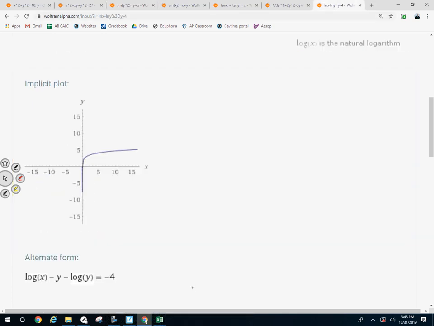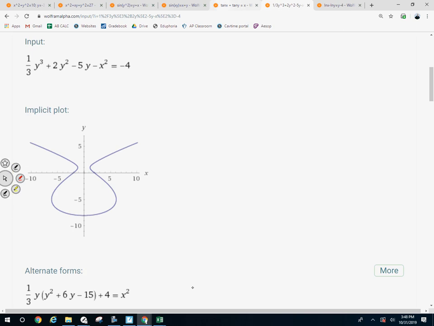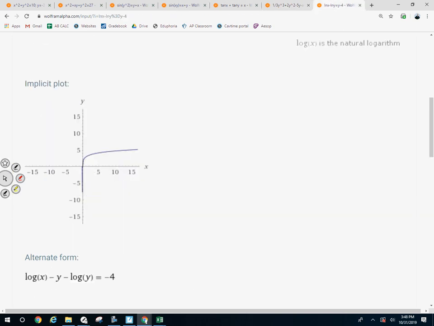Boo. Something's going on over here. I feel like it's going up left, up right, and then curving over. So that's why it's not a function, but I need to zoom in, and I don't have Wolfram Alpha Plus to be able to zoom in.